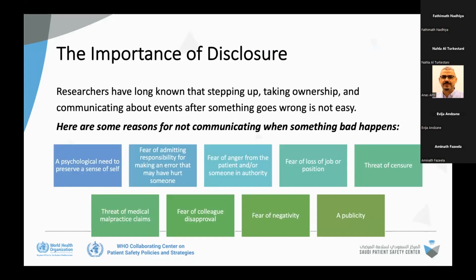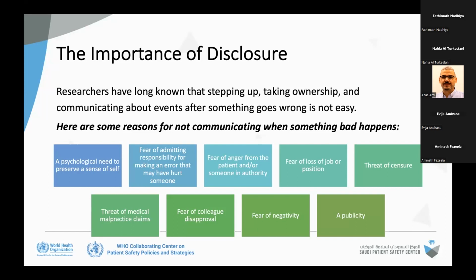Researchers have long known that stepping up, taking ownership and communicating about events after something goes wrong is not easy. There are many reasons for not communicating with patients, and fears among healthcare providers about doing this. There is a psychological need to preserve a sense of self, and fear of admitting responsibility for making an error that may have hurt someone; fear of anger from the patient and from someone in authority; fear of loss of job.